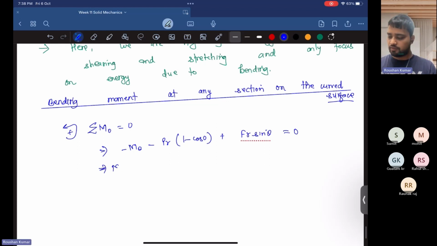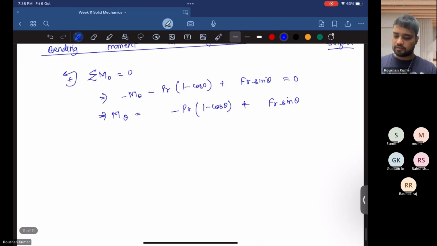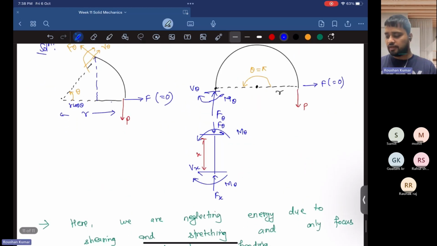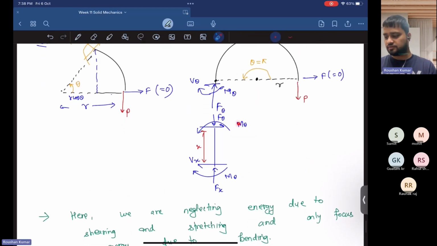From here we find the value of M theta, which is equal to minus PR into 1 minus cos theta plus FR sin theta.